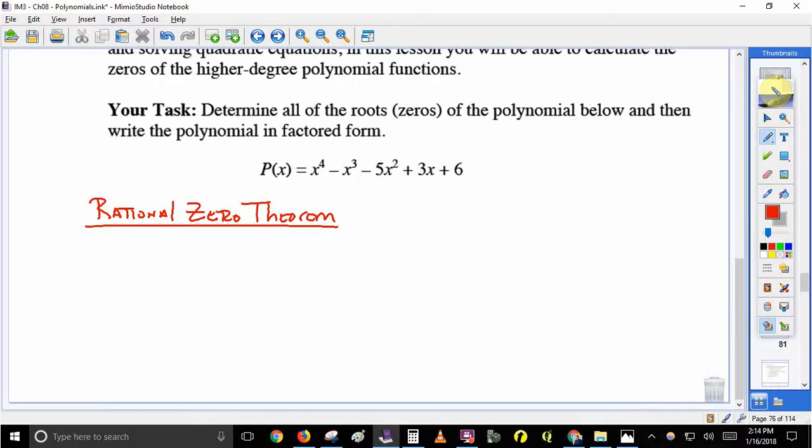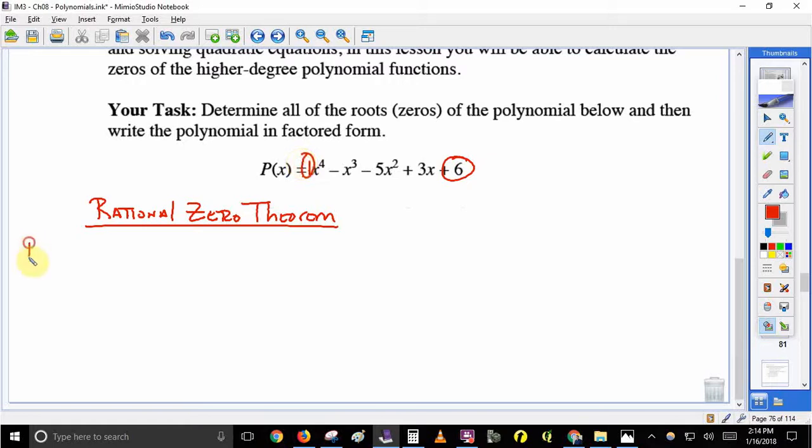So we want to start off with a little discussion of the rational zero theorem. The rational zero theorem is discussed in a Math Notes video that you should check out. But to summarize it quickly, in order to figure out what potential zeros are, you need to look at the last term in the polynomial and the first coefficient, which in this case are 6 and 1.